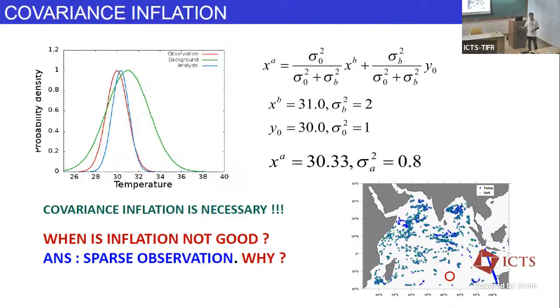So after 10 cycles, the model error variance has become so large that when an observation comes here with its own observation error variance, the data assimilation system is simply going to ignore the model estimate, and will incline towards the observation by a large margin.